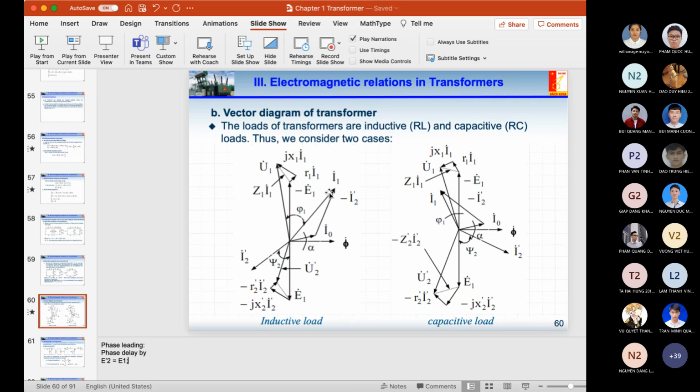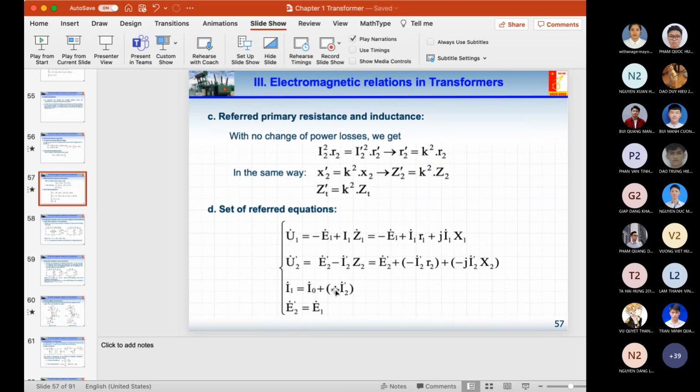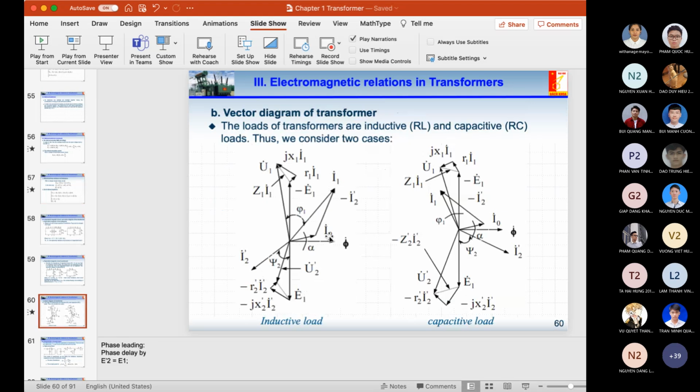Of course, we get I1 here, so I1 is equal to I0 plus minus I2. If you come back to the current balance equation, we get exactly this.